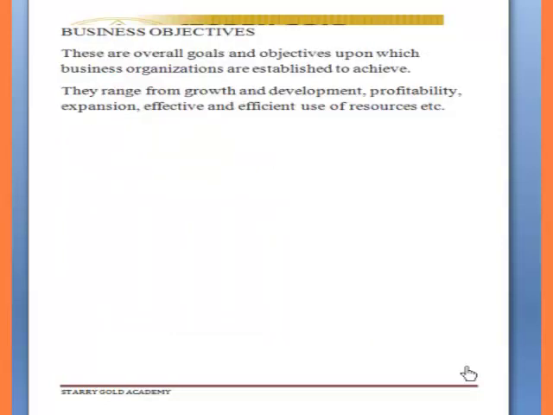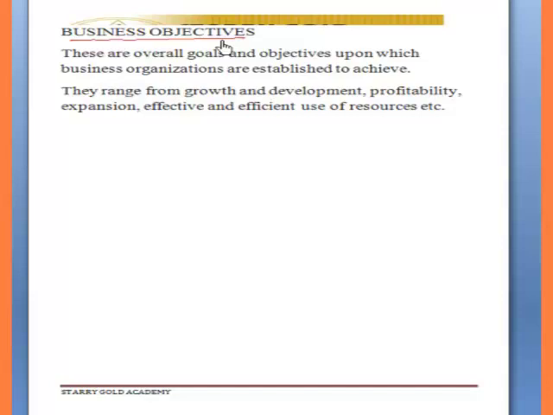So let us look at business objectives. Like we have said before, business can be defined as any activity that a man engages in to earn a living for the purpose of meeting and satisfying his own needs and wants, or for the purpose of satisfying human wants and what have you.